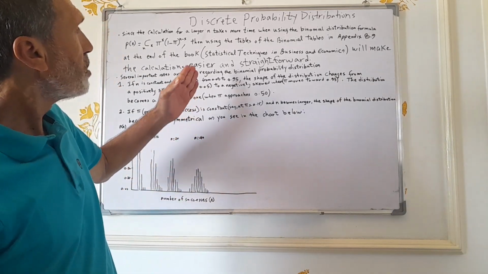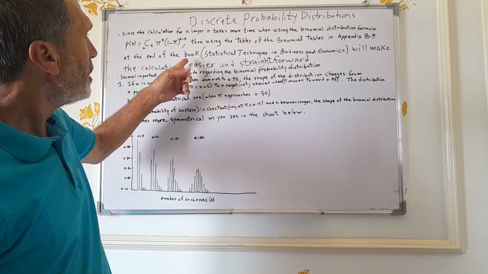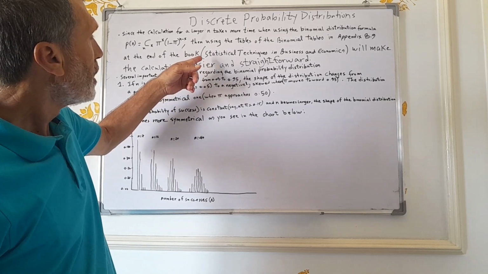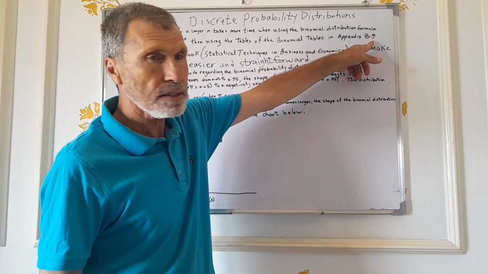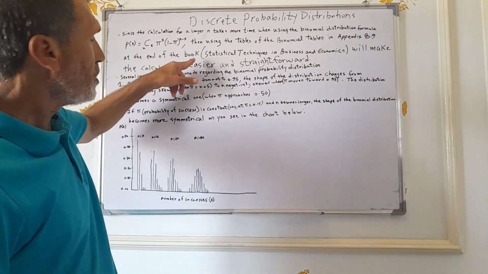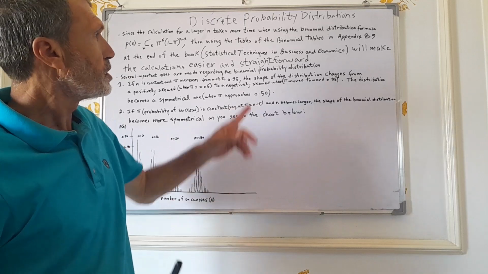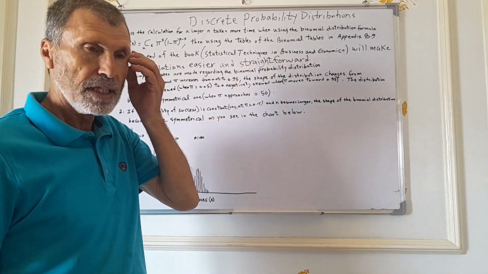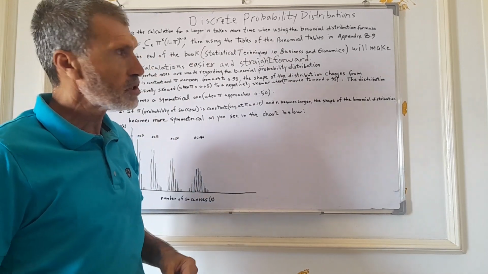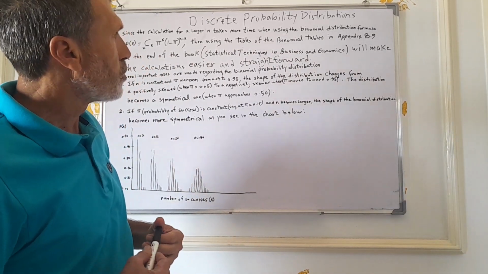Now these binomial tables are present at the end, in Appendix B.9 of the book, Statistical Techniques in Business and Economics, the text that is used in this course.